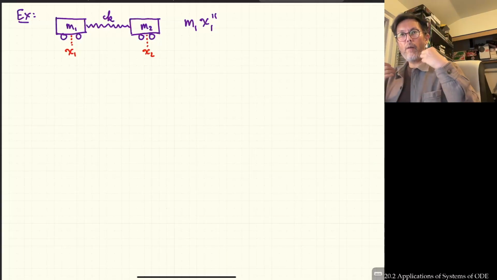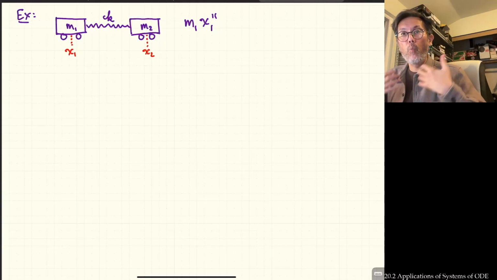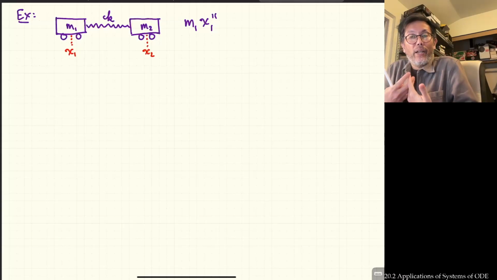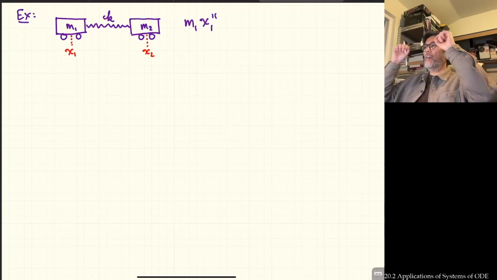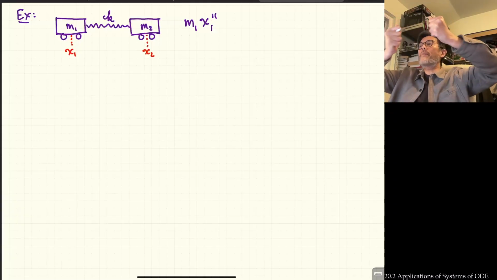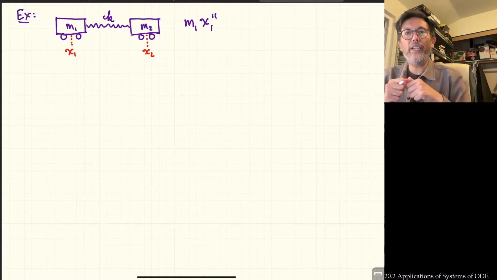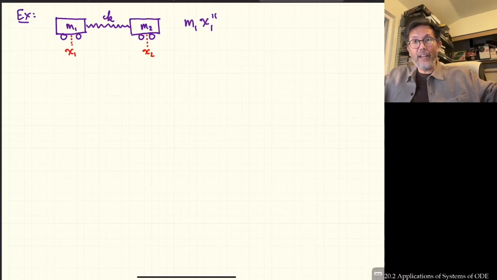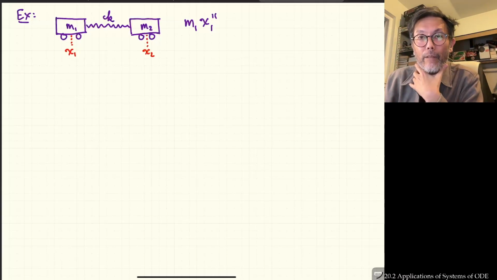Now, for that first cart, what is the force acting on it by Hooke's law? Well, you're going to take x2, which is the displacement. You basically need to measure how much this spring is being either extended or contracted, and then you're going to multiply that by k, right?